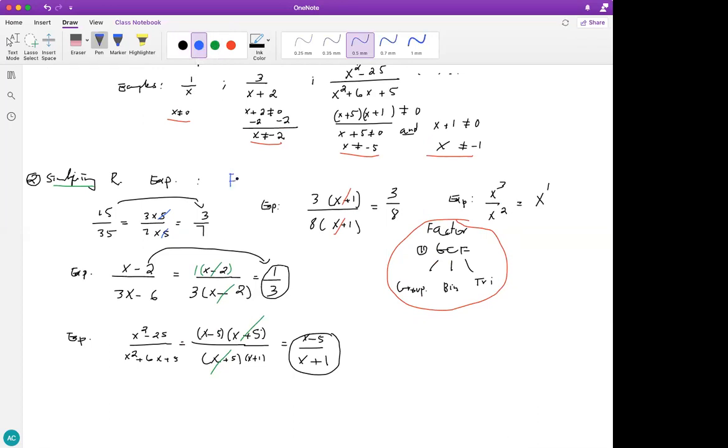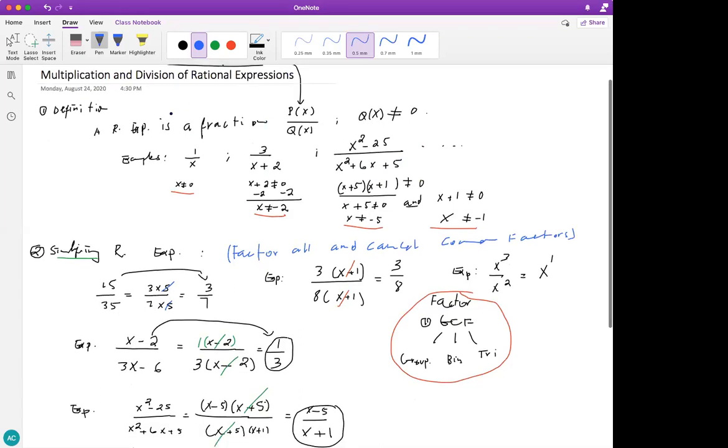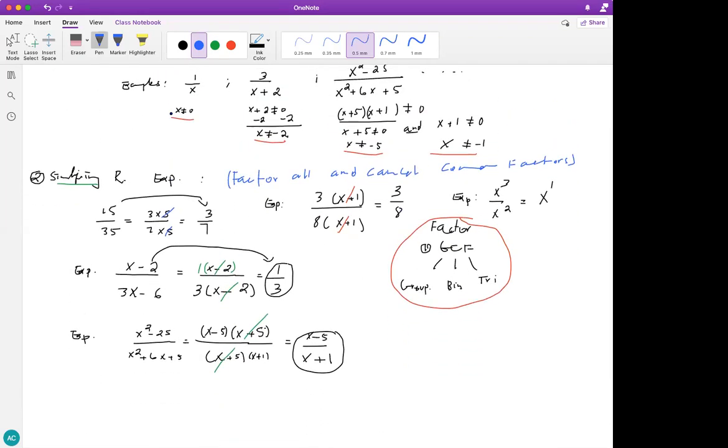Again, factor all and then cancel common factors. Keep that in mind, and we will have to simplify every time, even when we add, subtract, multiply, divide. So simplifying or anything else with rational expressions will involve factoring.